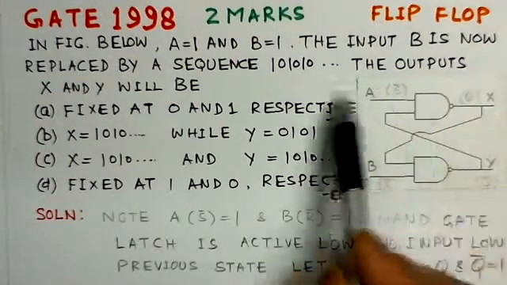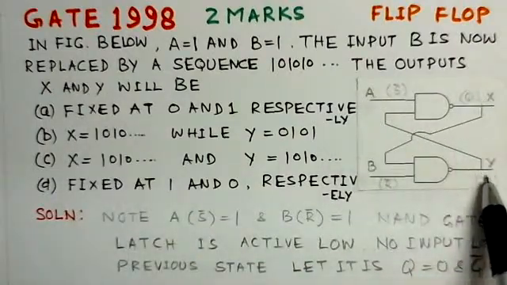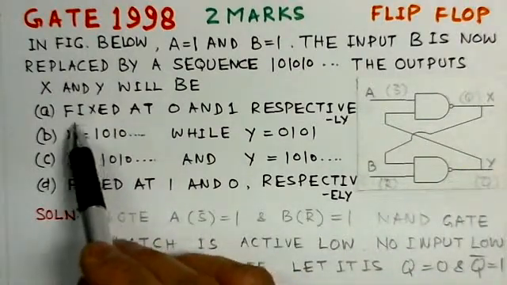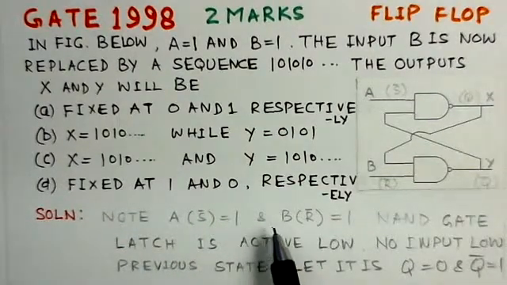The outputs X and Y will be, there are 4 options for the outputs X and Y, like A, B, C, D, and we have to find out which is the right option here.